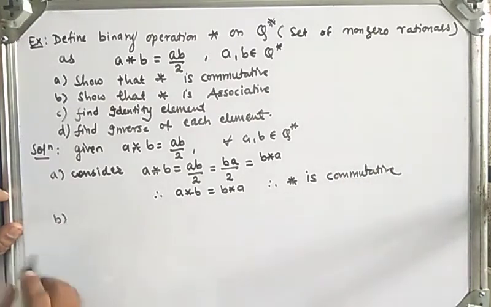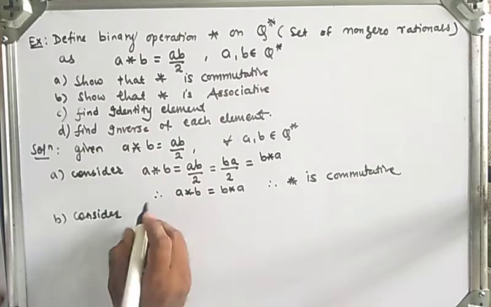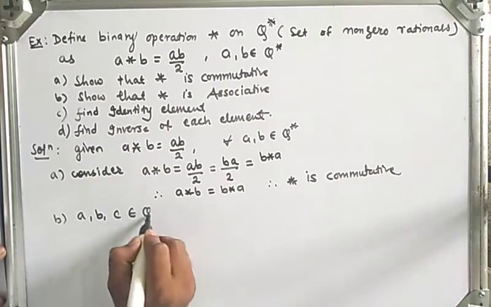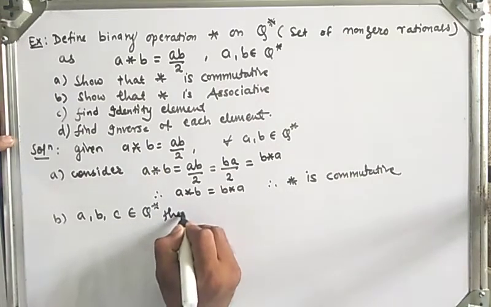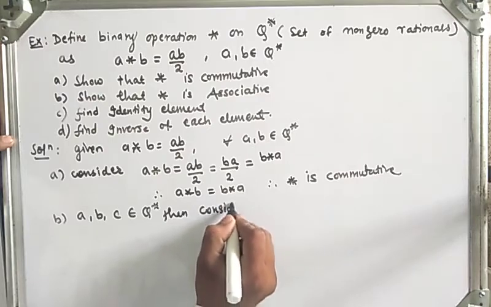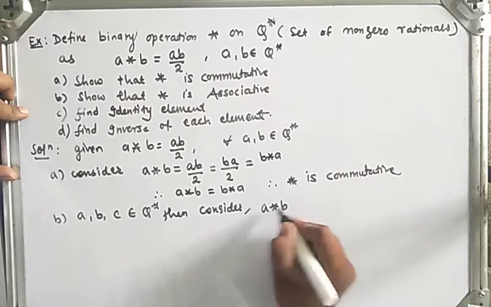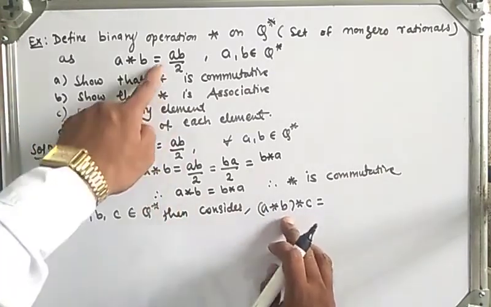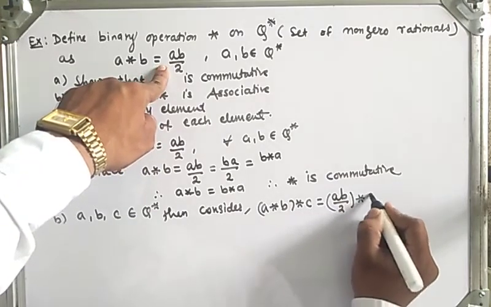Second, to show star is associative. I will take three elements a, b, c, which belong to the set of non-zero rationals. Consider first a star b star c, which is equal to a star b, which has value a into b upon 2, star c.